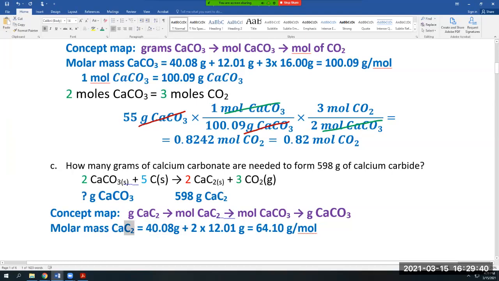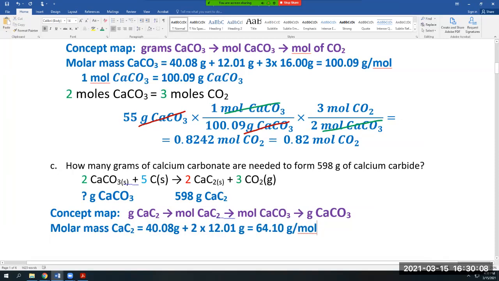Carbon is 12.01 grams, and we have 2 carbons. So if you add all of this together, it's 64.10 grams per mole of calcium carbide. Again, we have 2 decimals for both molar masses, so we need to show 2 decimals in the end because it's an addition and we keep the same number of decimal places.